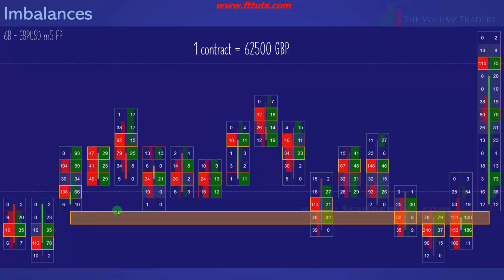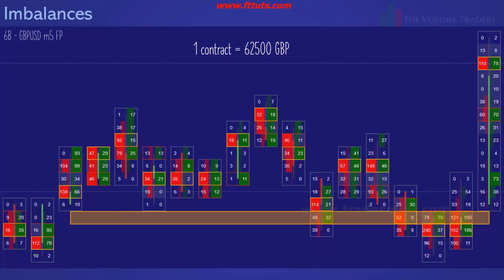One contract of 6B is worth £62,500. So I found that if at some price level there are at least 15, not 50, 15 contracts on one side and 0 on the other, it means almost £1 million traded on one side and no bid or offer on the other side.